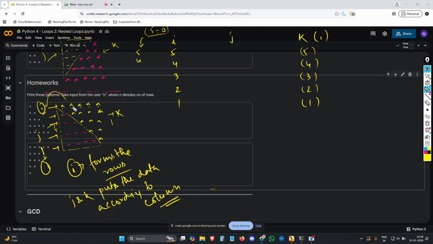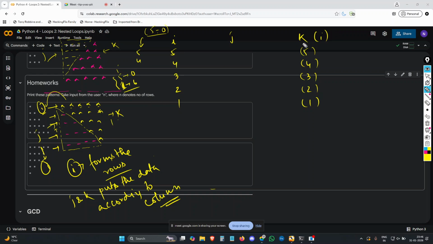So what I did was, I can form my I either 5 to 0 or 1 to 6. I can follow either of these. Now because my K is becoming 5, 4, 3, 2, 1, I made my I also move from 5, 4, 3, 2, 1.